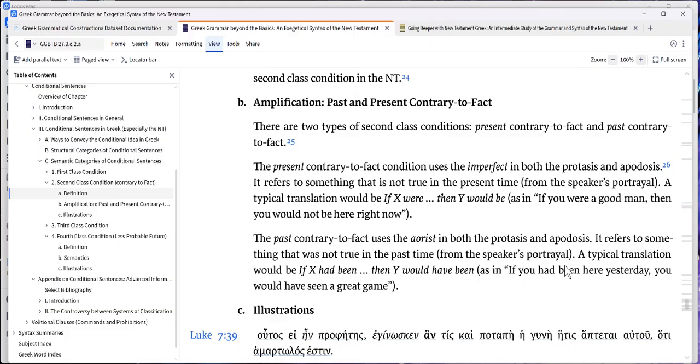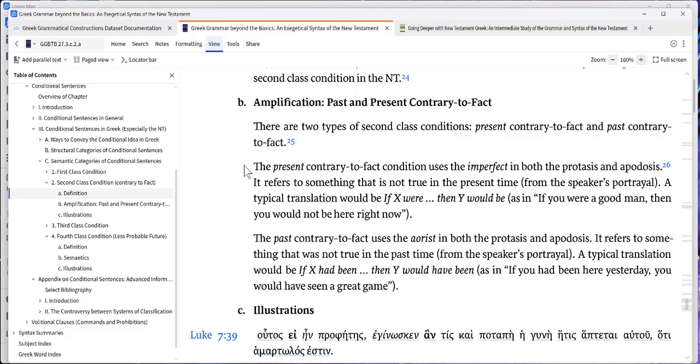As in, if you were a good man, then you would not be here right now. A past contrary to the fact uses the aorist tense in both the protasis and the apodosis. It refers to something that was not true in the past. A typical translation: if you had been here yesterday, you would have seen a great game.